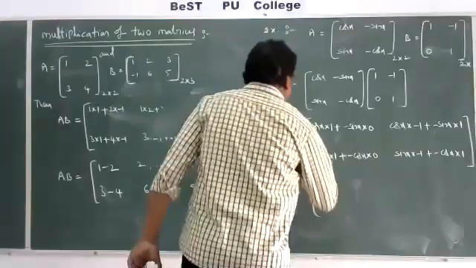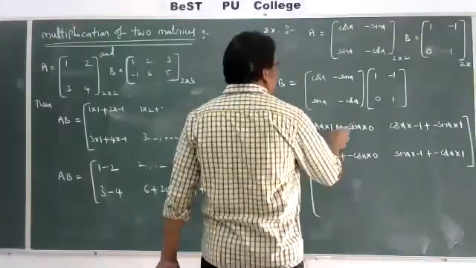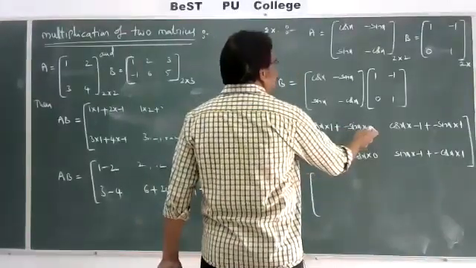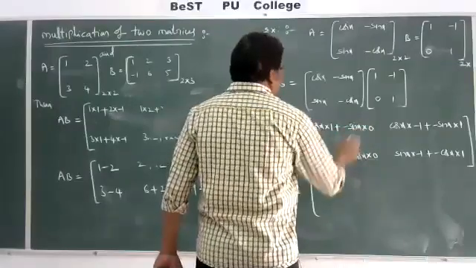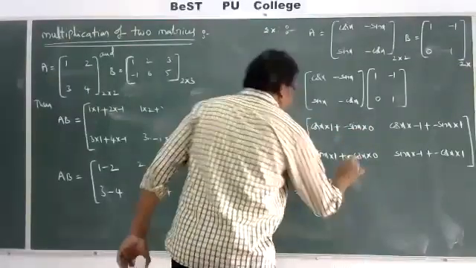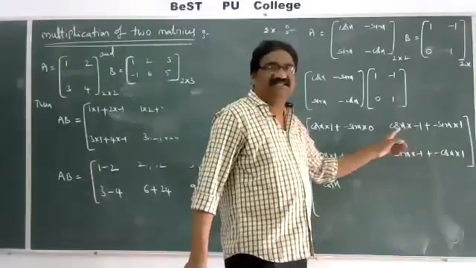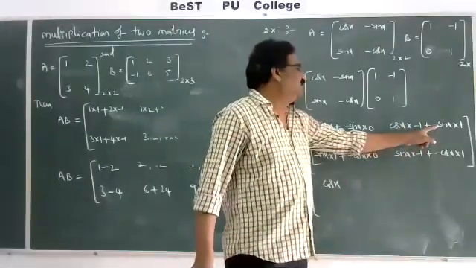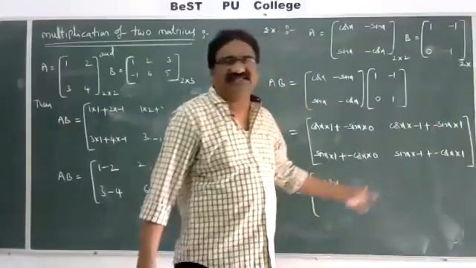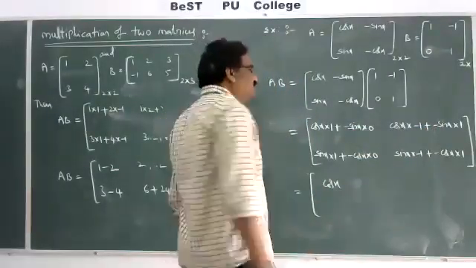That is equal to cos x into 1, cos x, minus sin x into 0, 0. Cos x plus 0, cos x. Here cos x into minus 1, minus cos x. Here minus sin x into 1, minus sin x. That is minus cos x minus sin x.